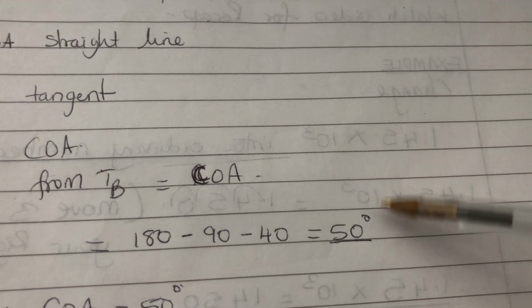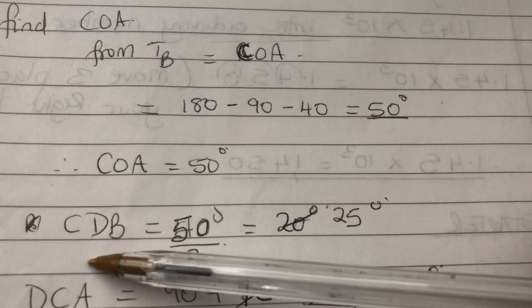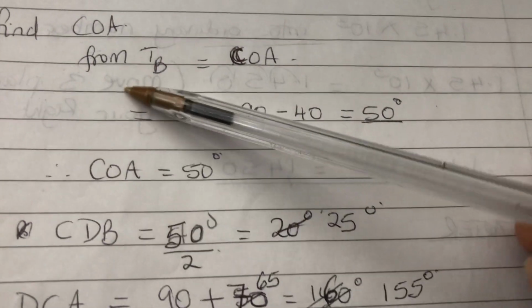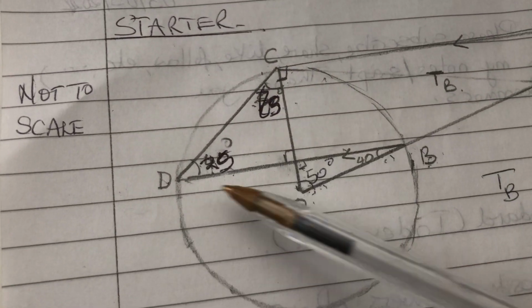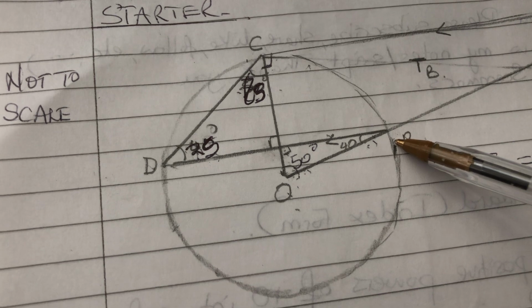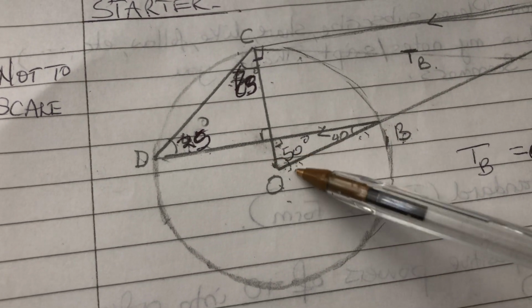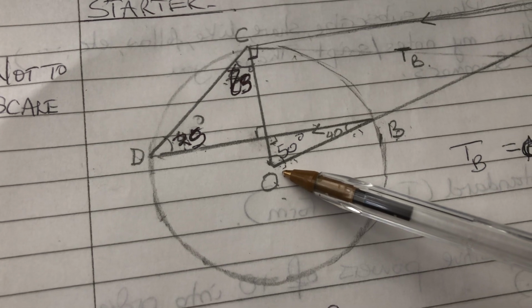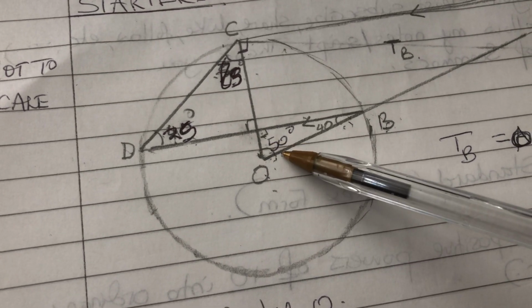Okay. Now, the second one, we want to find CDB. So C, D, and B, that one. But look at it. If the angle at the center is 50, it's not drawn like we would normally expect.